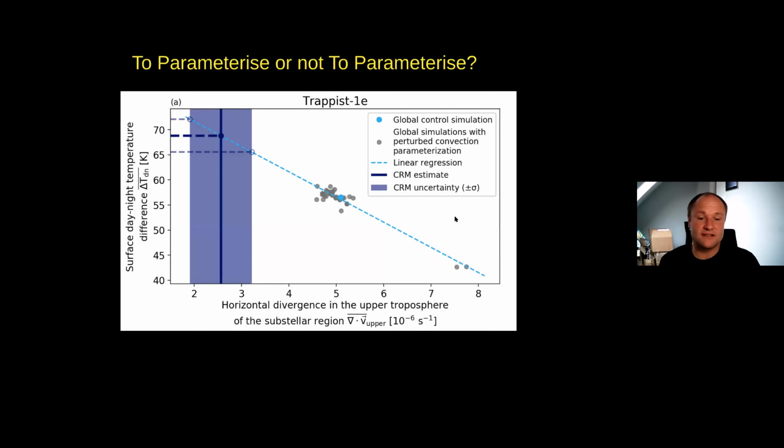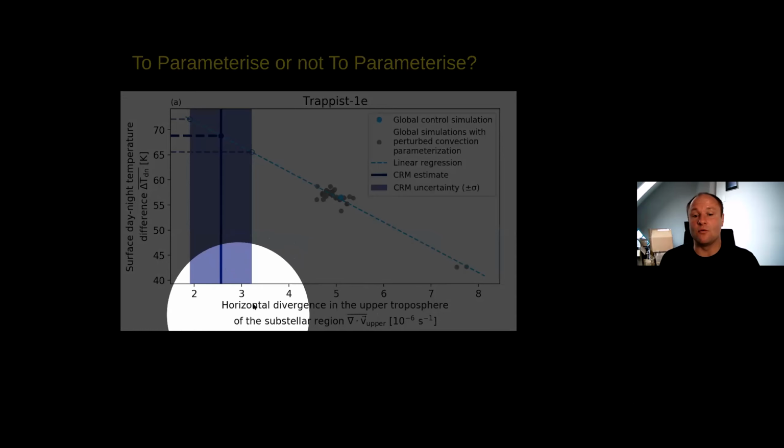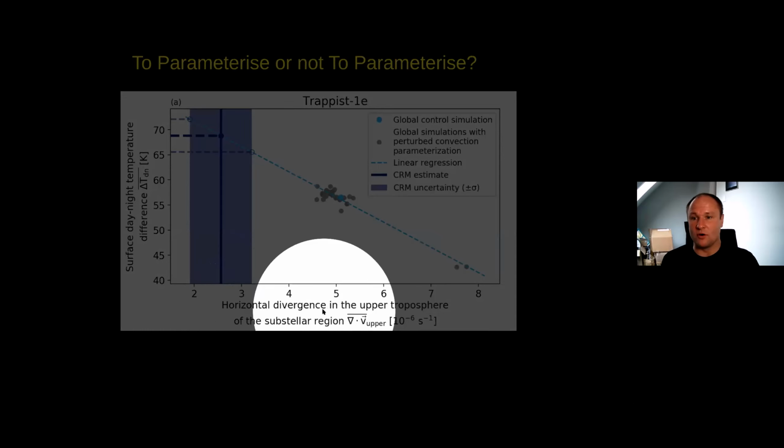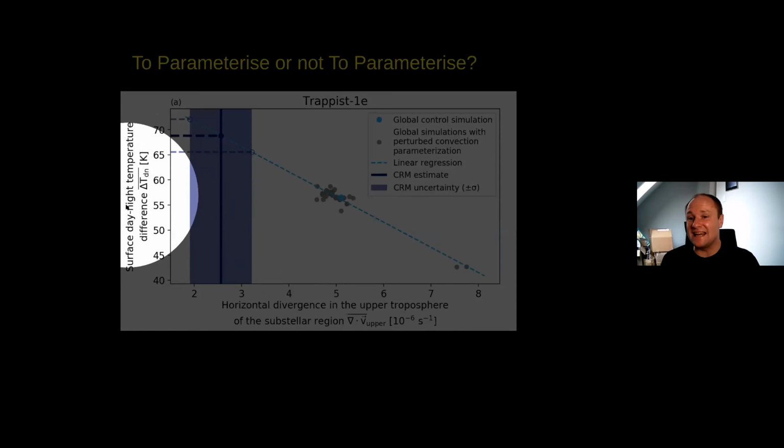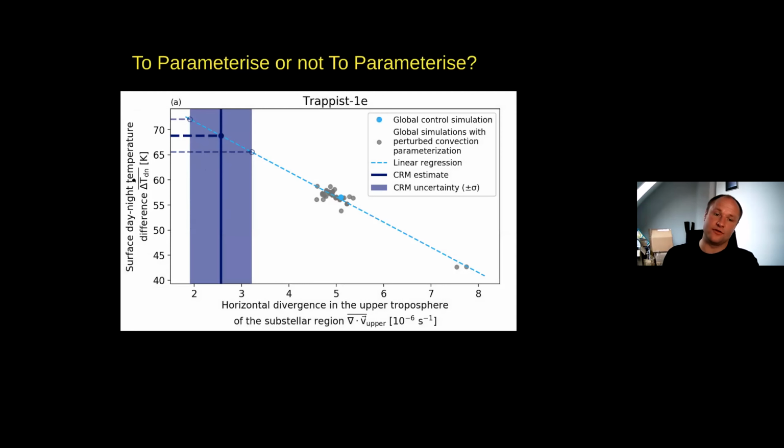So in order to try to determine what happens, of course, what we'd like, and I'll talk about it briefly in a second, is a model that can do the whole globe, that can resolve convection everywhere. But we don't have that. So we created a measure of the horizontal transport of moisture, the vertical transport of moisture and heat, and the day-night difference when you have the nested region with high resolution simulations, and you have the global simulation with parameterized convection.